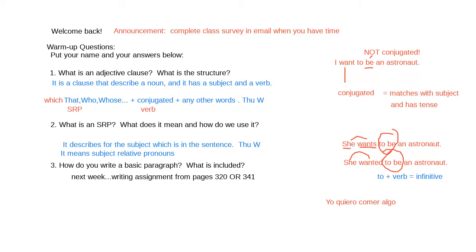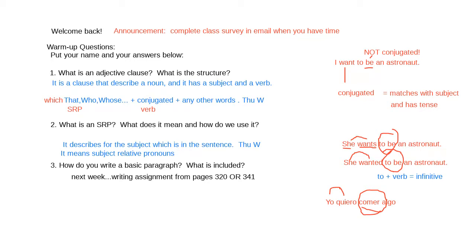It's just the base form. There's no change, no alteration to it. So the first one is conjugated, but the second one is not.